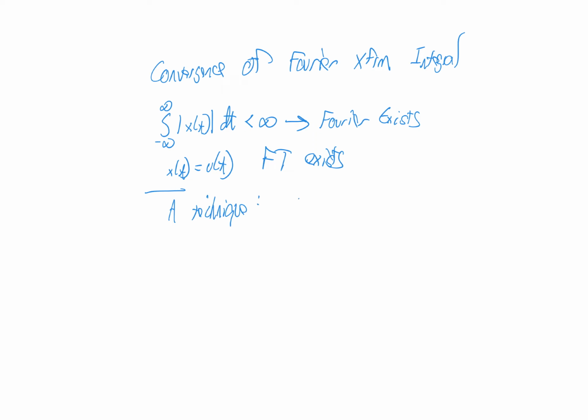If we have x as a function and it has some parameter, epsilon, and if that function is well defined and we can take the Fourier transform for epsilon greater than 0, then we end up taking the limit of the Fourier transform as epsilon goes to 0, and it will converge. So that is one technique that we will use. There are some others that we will use later in the chapter.